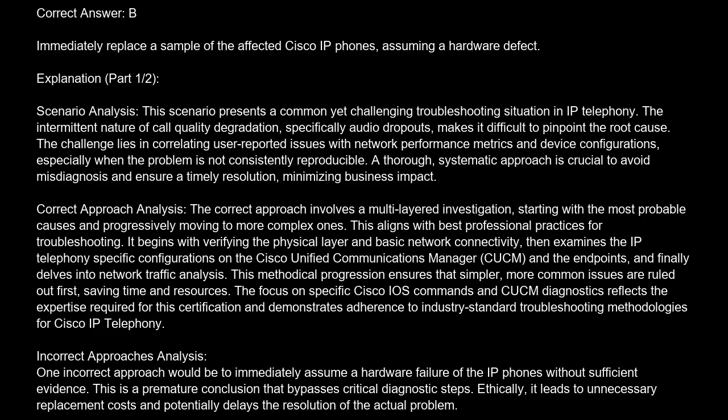This methodical progression ensures that simpler, more common issues are ruled out first, saving time and resources. The focus on specific Cisco iOS commands and CUCM diagnostics reflects the expertise required for this certification and demonstrates adherence to industry-standard troubleshooting methodologies for Cisco IP telephony.